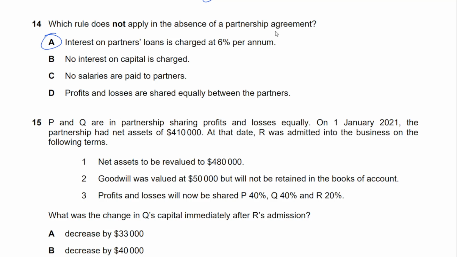If there is no agreement, the rule doesn't have to apply. If there's an agreement, then there will be interest on capital, there will be salaries, and the percentages for profits will be given. So these can apply if there's no agreement, but option A doesn't make sense. It's just something so random.